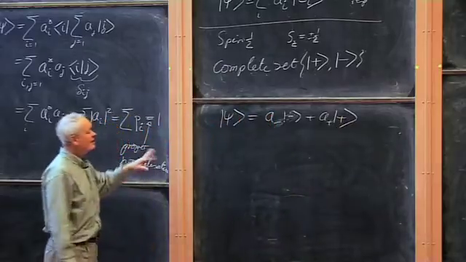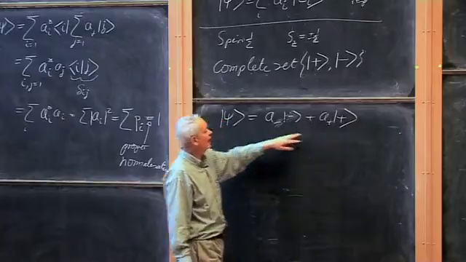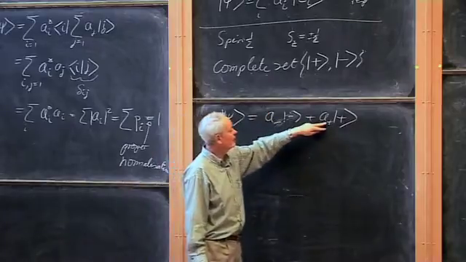Since this is a nice easy case, there are only two components to our ket, A minus and A plus.